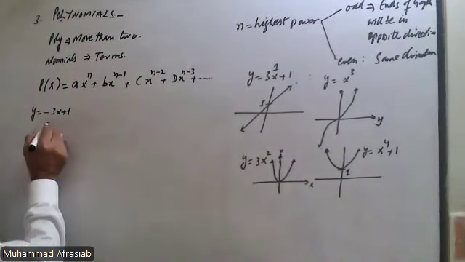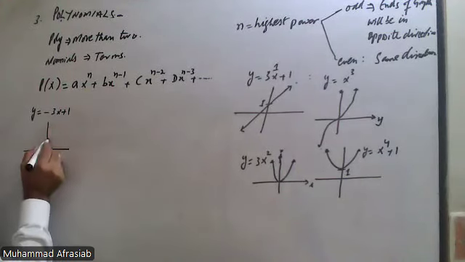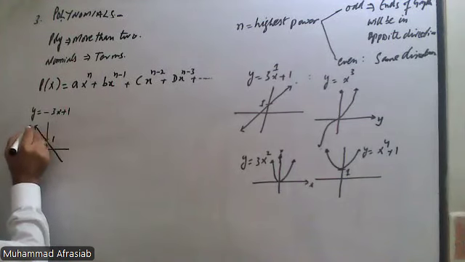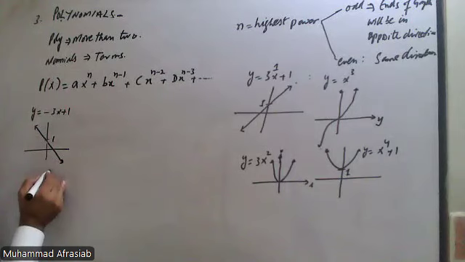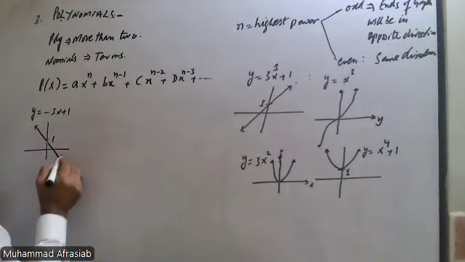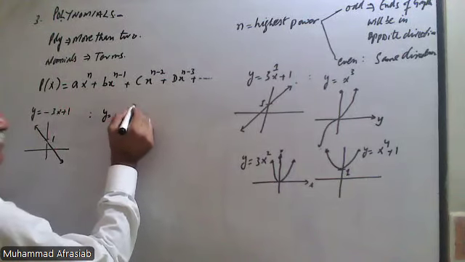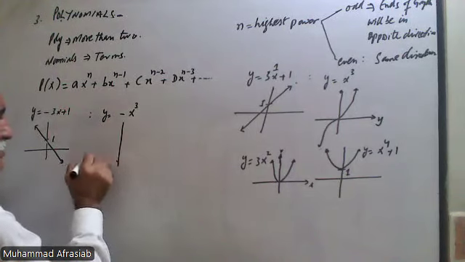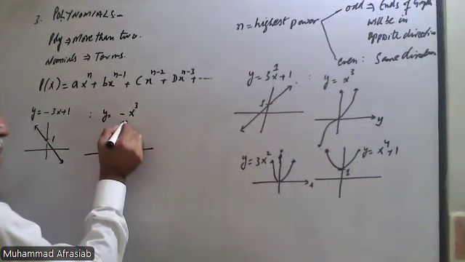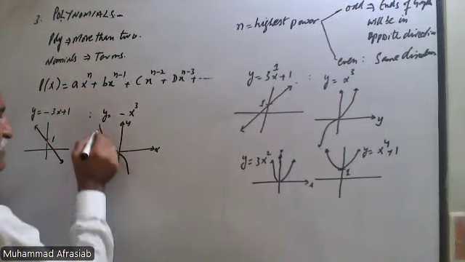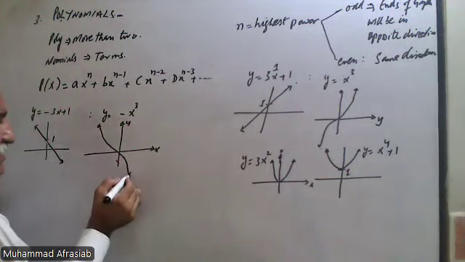So for this value, the graph is like this. So the left side is upward and the right side is downward. For example, y equal to minus x^3. Then the graph of this will be like this. The left side is upward and the right side is downward.